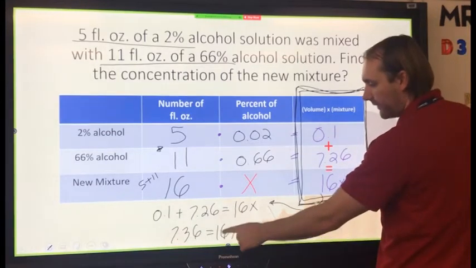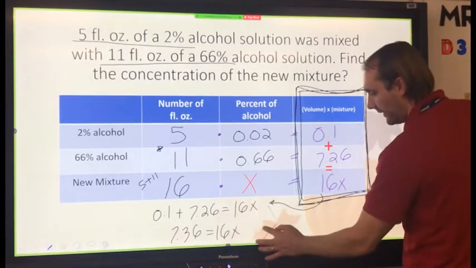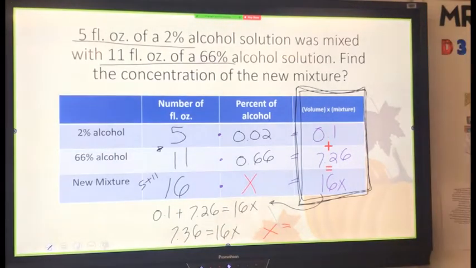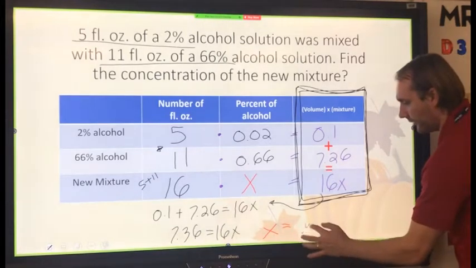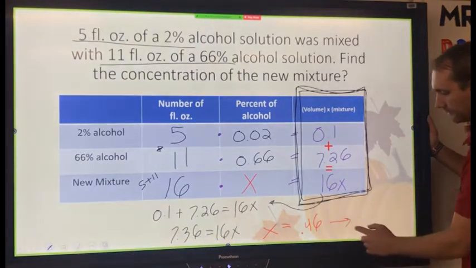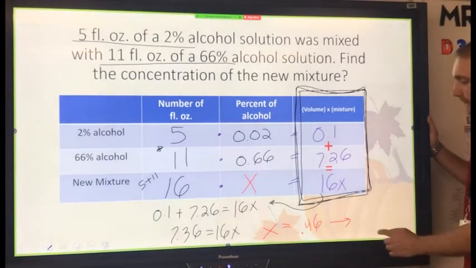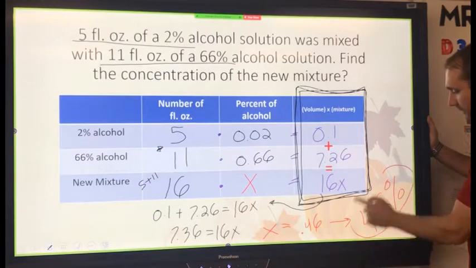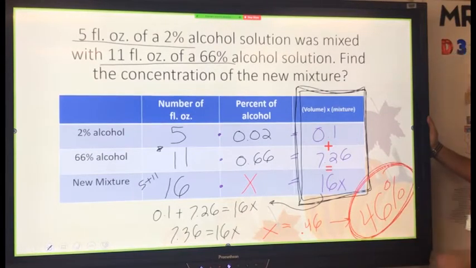What's the last thing I want to do to both sides? The opposite of multiplying by 16 is dividing by 16, and I get x equals 7.36 divided by 16, which is 0.46. As a percentage, that's 46%.